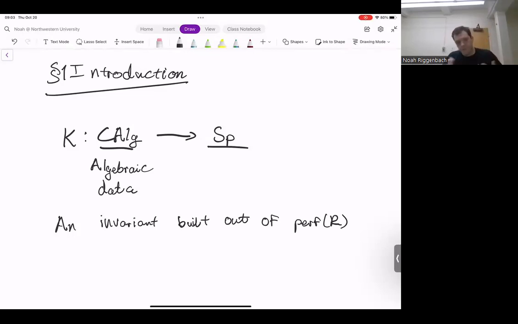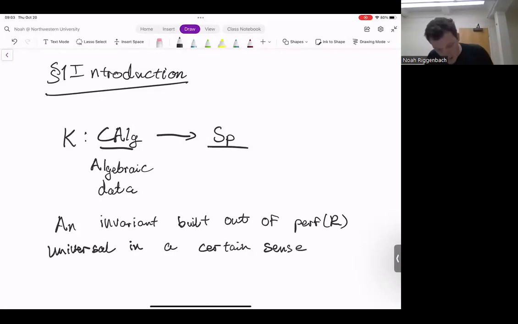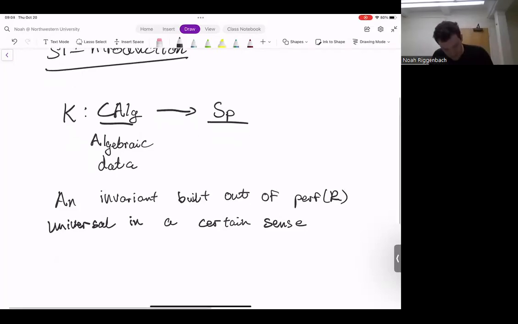And it's universal in a certain sense. So it contains a lot of very deep information about the category of R, and specifically about perfect R modules, or if you prefer, since we're working with discrete rings, you can think of these as projective finitely generated R modules.